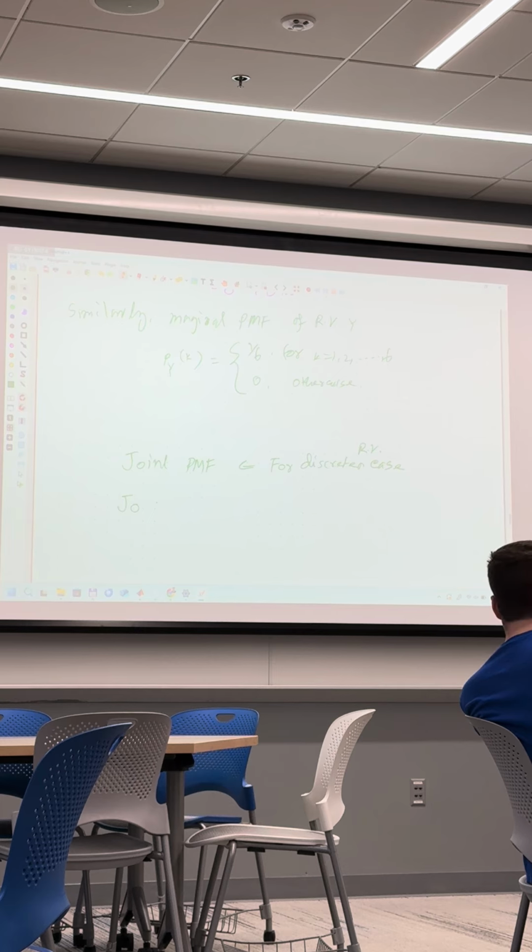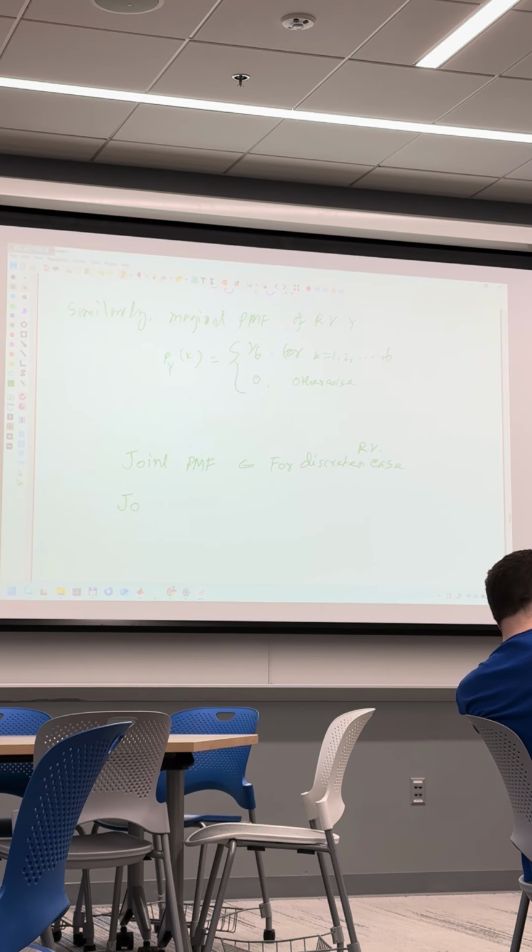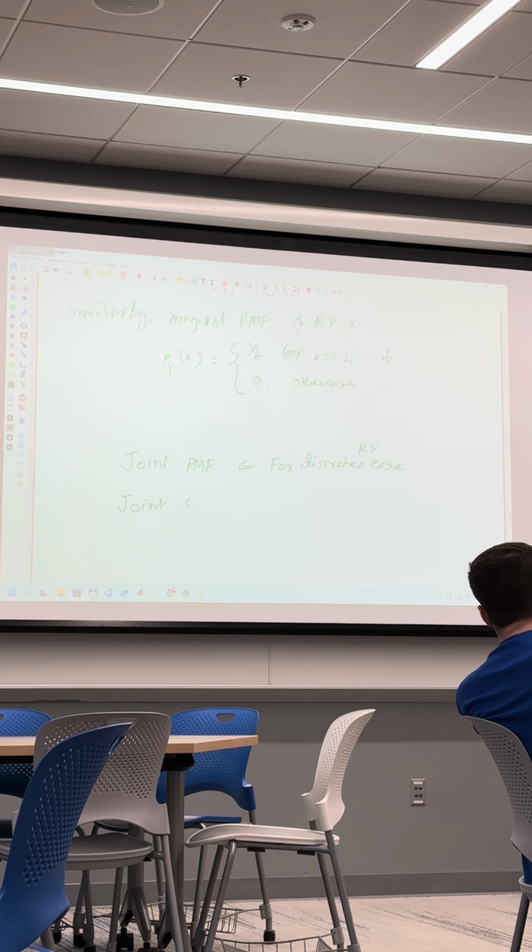In chapter 3, we talked about PMF, probability mass function, and then we moved on to CDF, the cumulative distribution function. But because we are dealing with two random variables, instead of PMF, we call it joint PMF. Now we are moving to CDF, but instead of CDF, we call it joint CDF. So we'll talk about joint CDF.